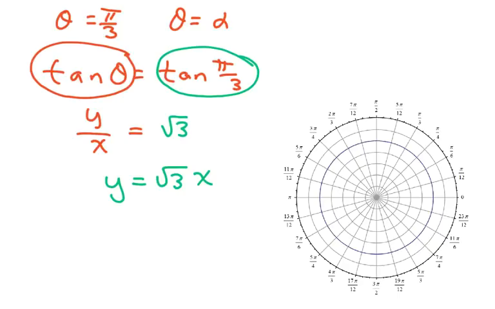So that means it's a line with the slope of square root of 3. And we know that it goes through, basically from here, pi over 3. So I'm going to look at pi over 3, and I'm just going to draw that line right through here. And there is your line.